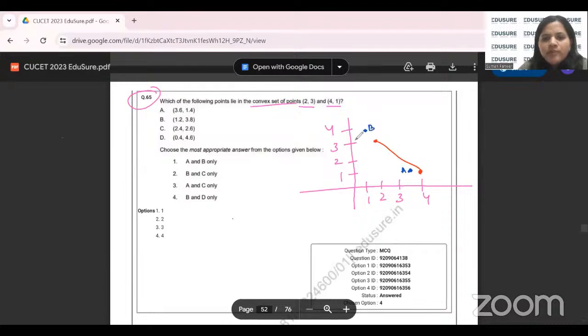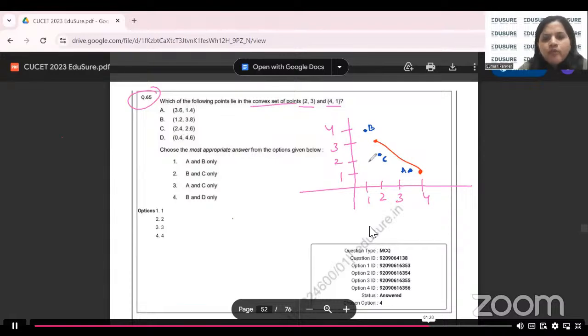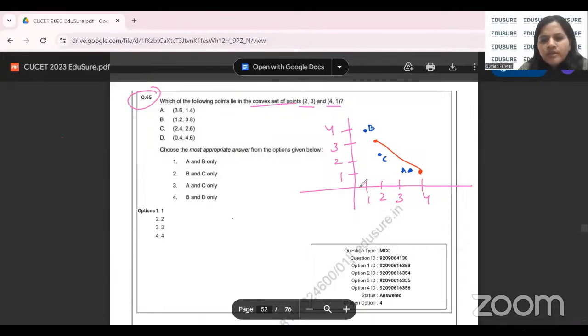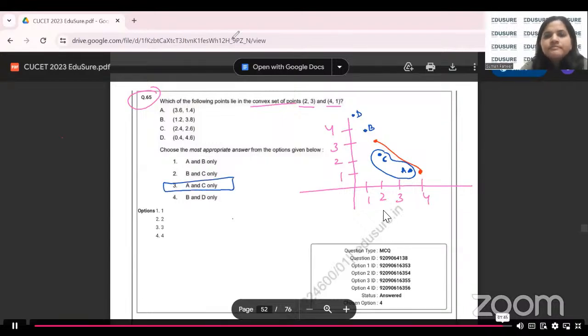So this is my point B. 2.4, 2.6, so somewhere over here, C. And 0.4, 4.6, so 0.4 would be here. And then we have 4.6, so this is D. So only these 2 points A and C are in the convex set of points. So A and C only. Option number 3 is the correct answer.